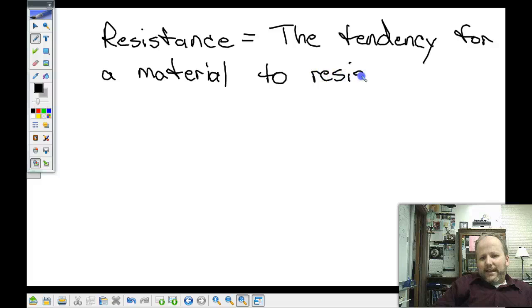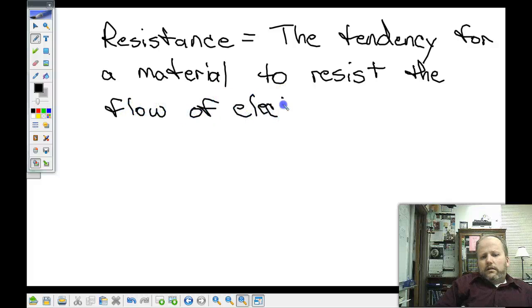You can see why I don't like that, using a word to define it. And once again, I've forgotten to tell you the abbreviation. Resistance is abbreviated with an R.